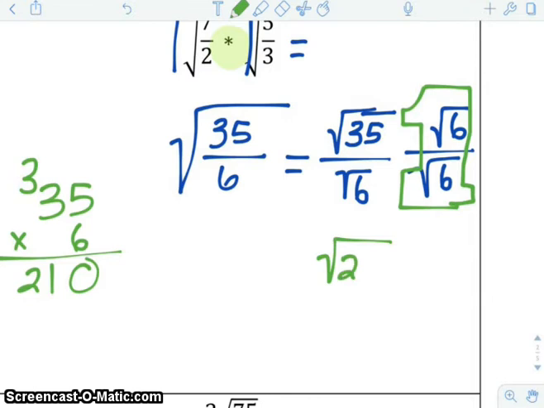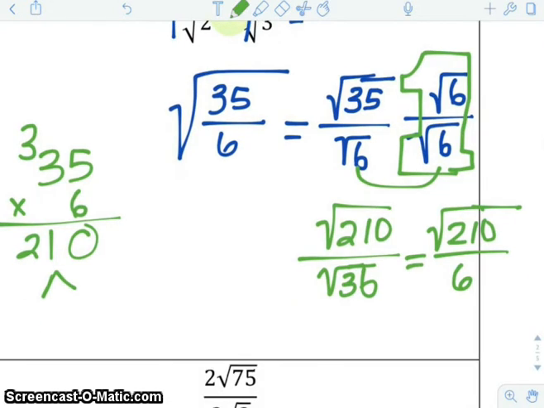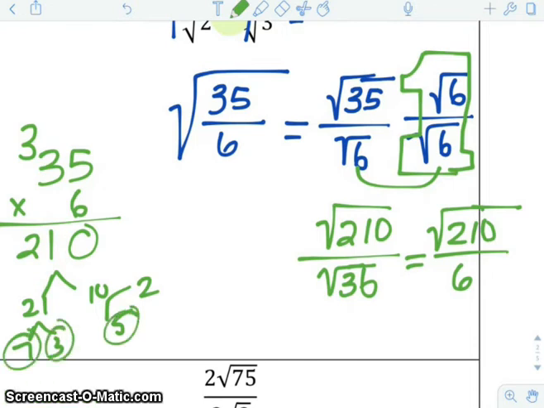Square root of 210 all over the square root of 36, 6 times 6. That simplifies into the square root of 210 divided by 6. I need to check, can 210 be broken down? I can break it into 21 and 10, 5 and 2, 7 and 3. All my branches are prime and none of my branches are pairs. This is my final answer, the square root of 210 divided by 6.